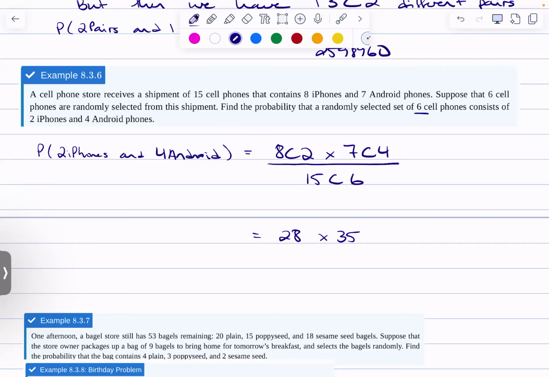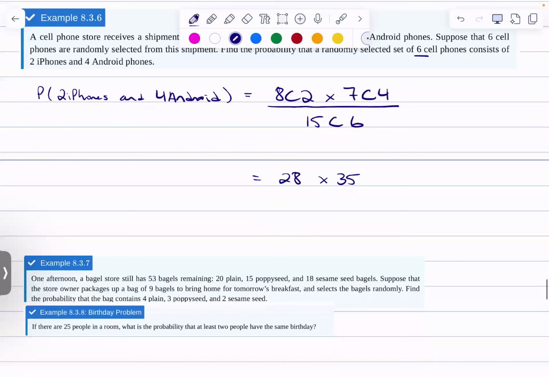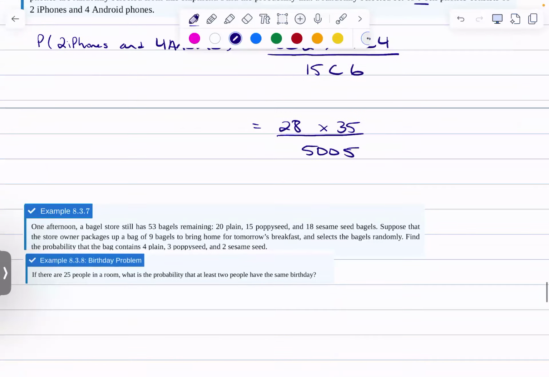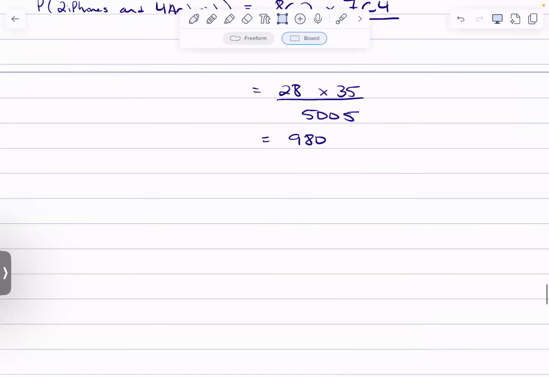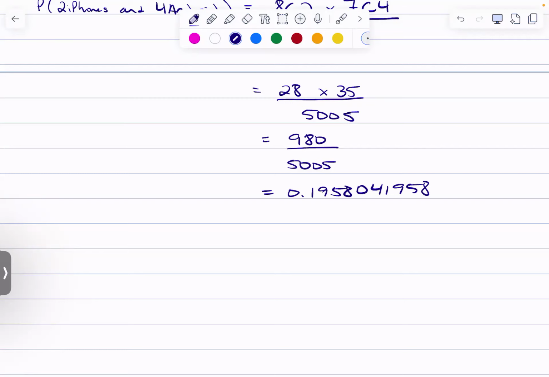And 15 choose 6 is 5,005. 28 times 35 is 980, divided by 5,005. I get roughly 0.195804198.